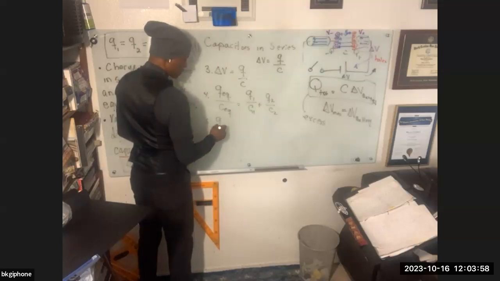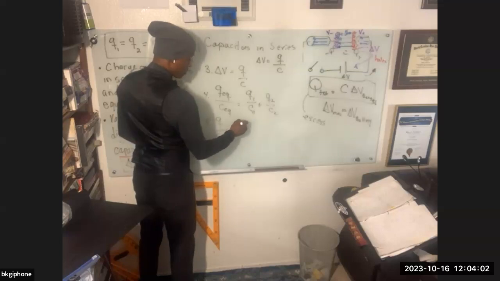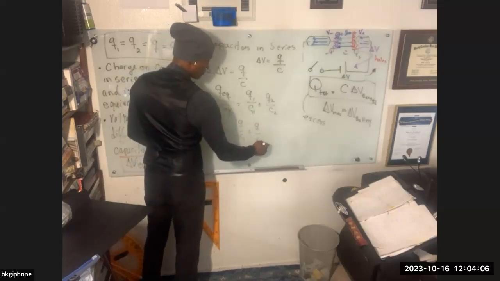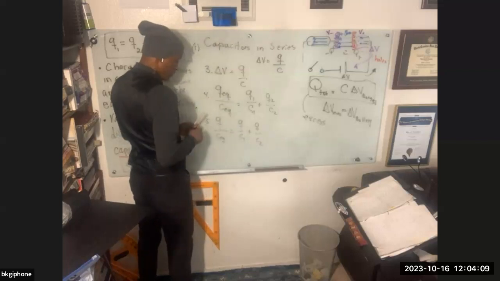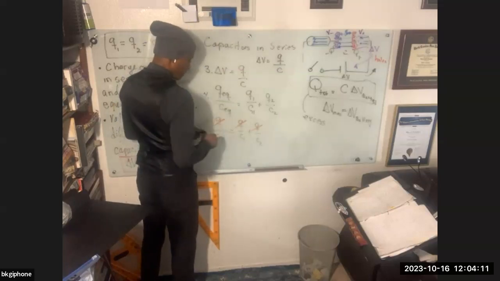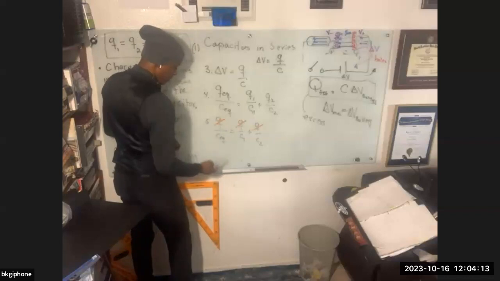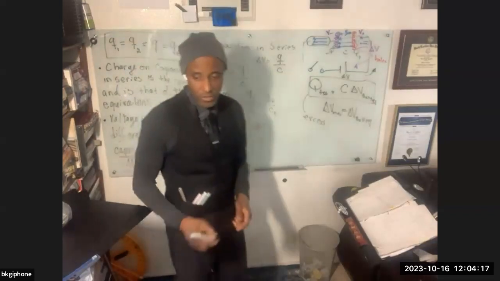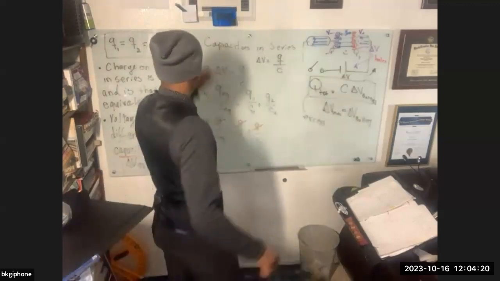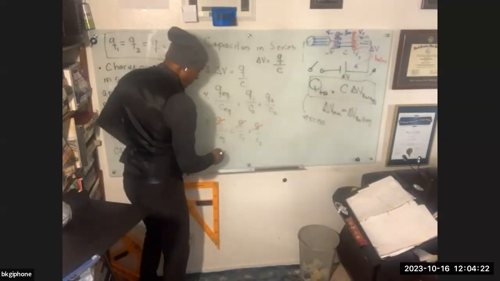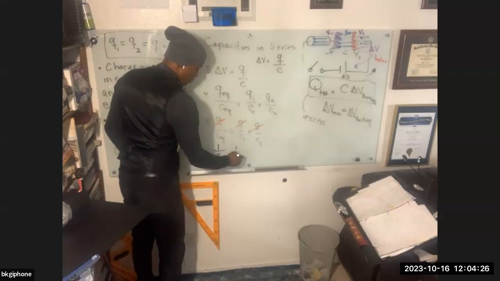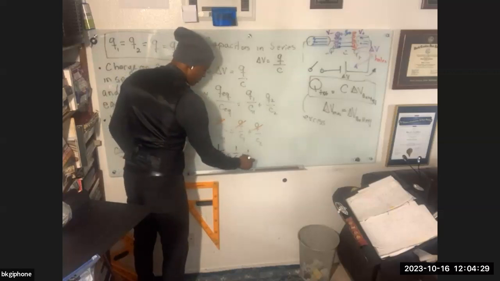So I can say that Q over CEQ equals Q over C1 plus Q over C2. All the Q's cancel. And for this example where I just had two capacitors, I get the result that 1 over CEQ equals 1 over C1 plus 1 over C2.